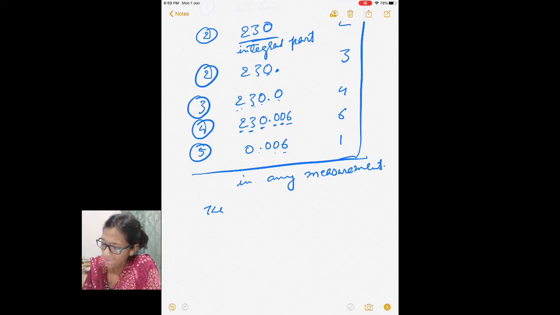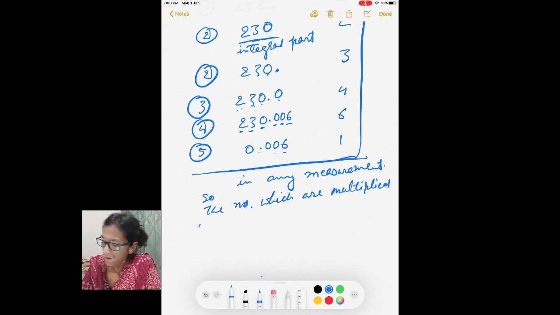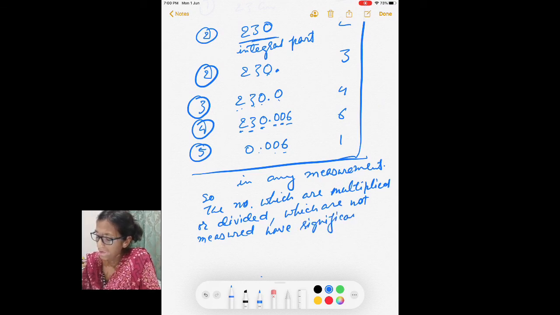So the numbers which are multiplied or divided, which are not measured, have infinite significant figures.